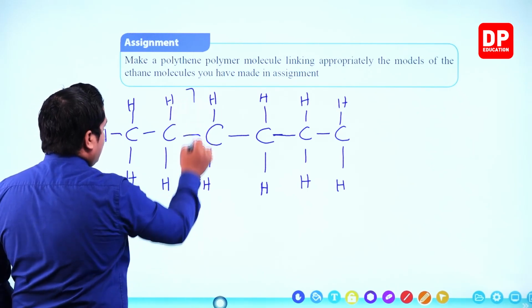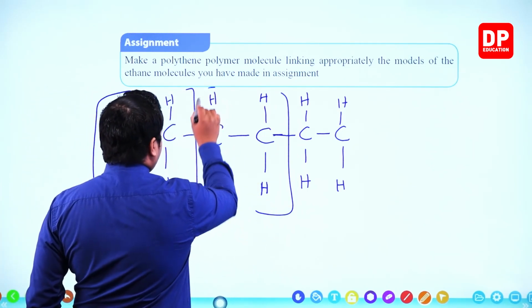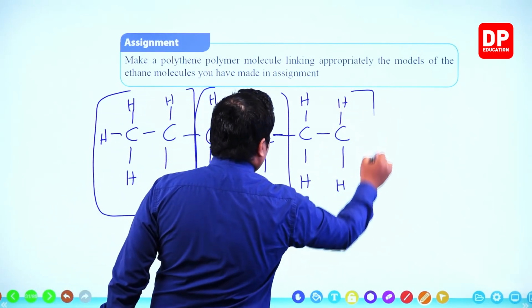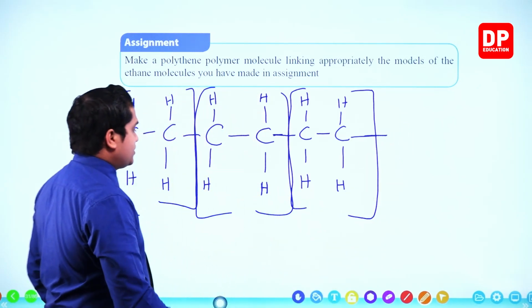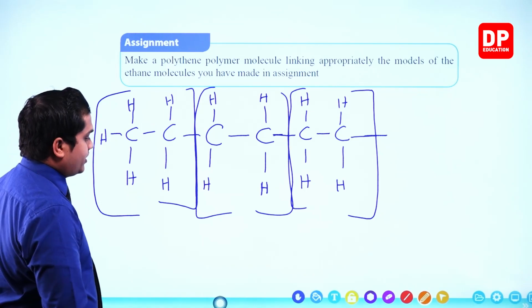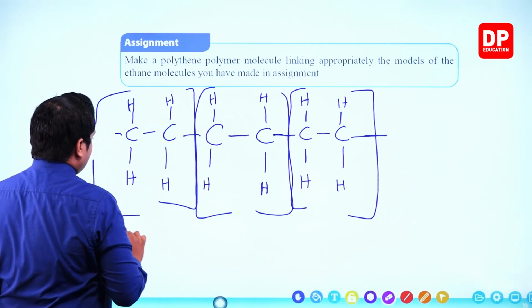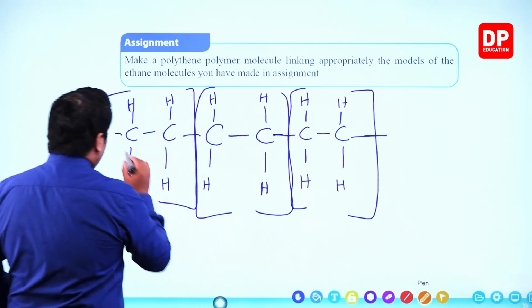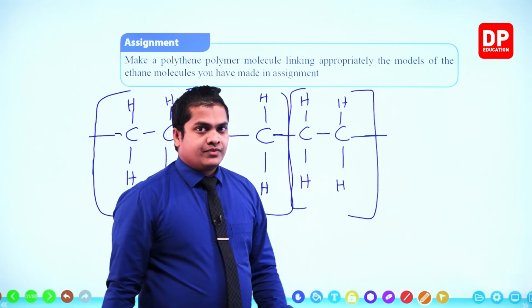Right, so there is 1, then this is the second one, and this is the third one, and the cycle is going to continue, my dear children. Right, the cycle is going to continue. So I'll erase this hydrogen over here to continue the cycle. Right, so now the cycle is going to continue.